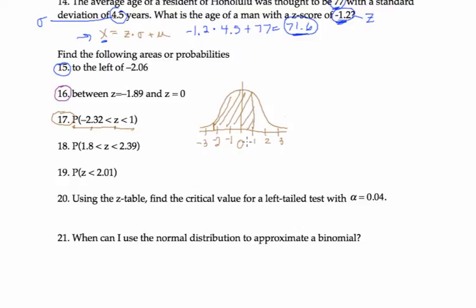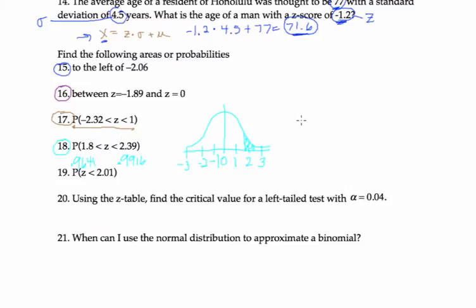Go to your z-score table and look up the probability of being to the left of 1, 0.8413, and the probability of being to the left of negative 2.32, which is 0.0102. Subtract those two, 0.8311, and that's the probability that you are in the shaded region.